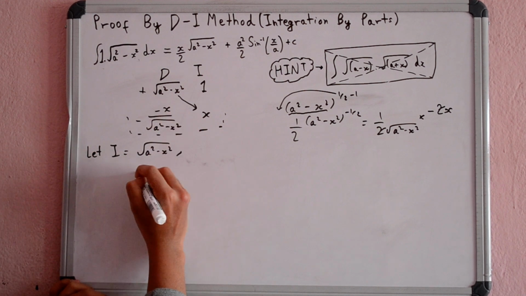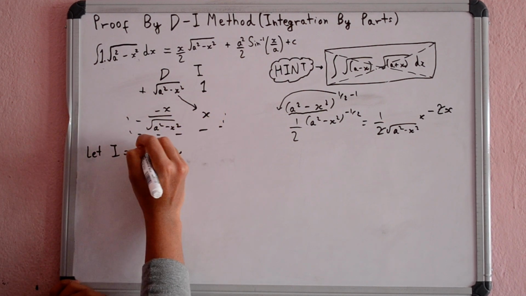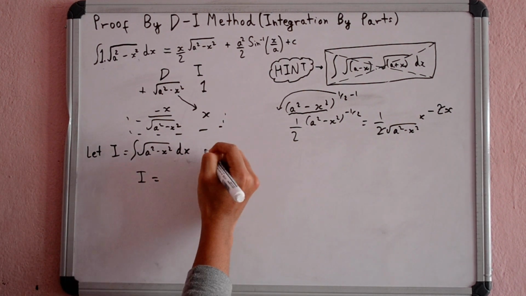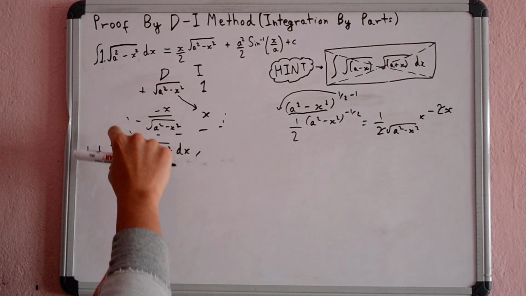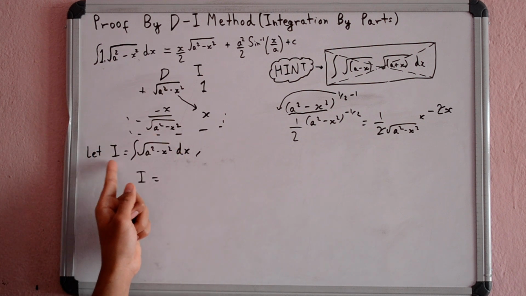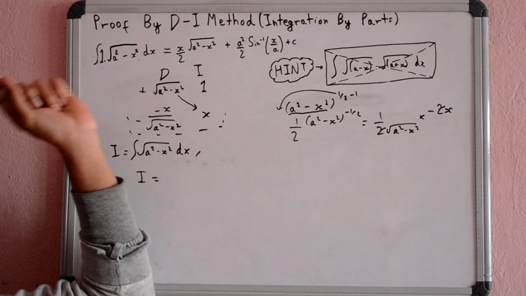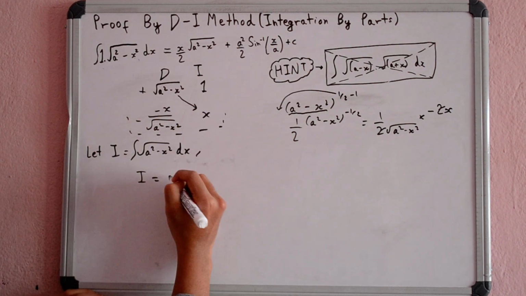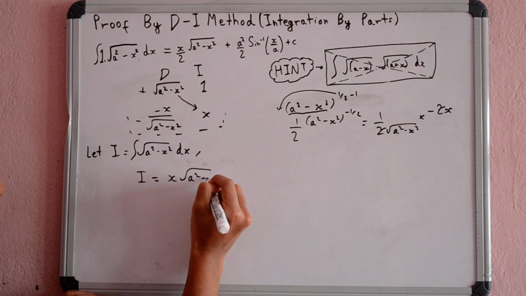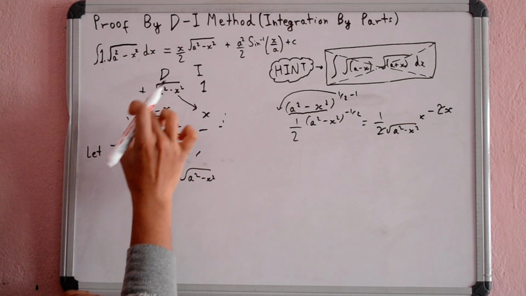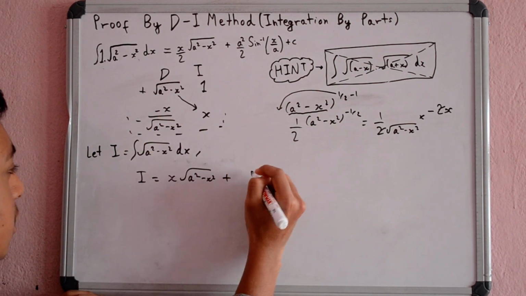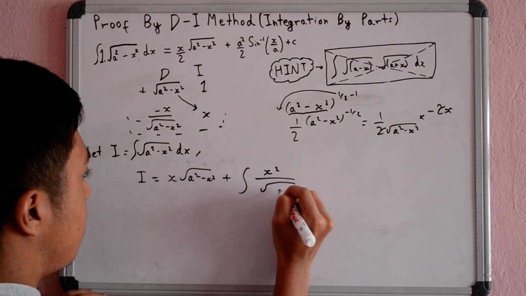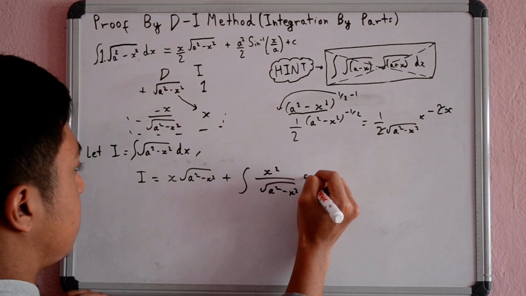So basically we're trying to find I. Well, we're not trying to find it, we're trying to prove it. So I is equal to first x root a square minus x square, minus minus plus, so plus the integral of x into x square by root a square minus x square dx.